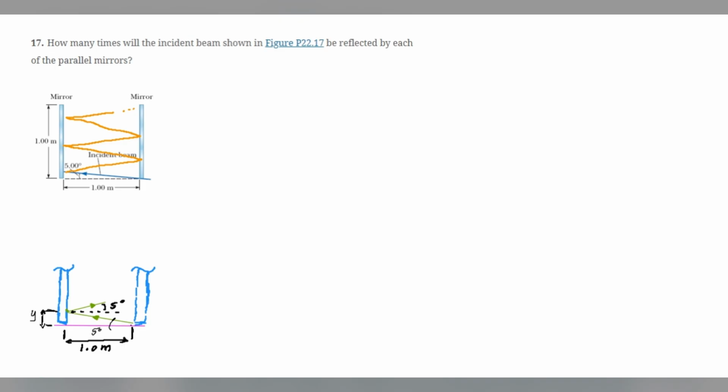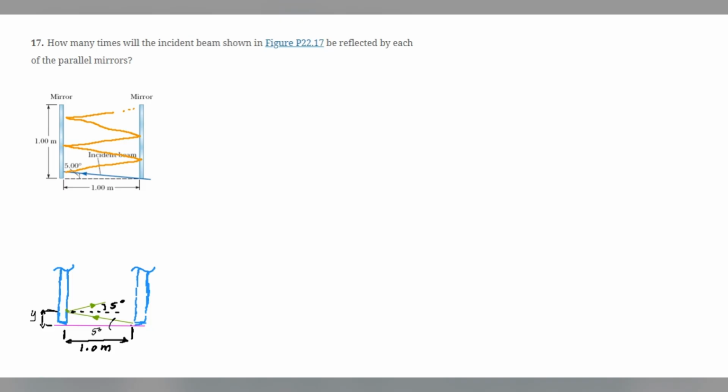If I know this angle is 5 degrees, I can find y because I know this side, which is the 1 meter distance between the mirrors. I basically have a triangle. I have the distance between the mirrors, which is 1 meter, and I have the angle, which is 5 degrees, so I can calculate y, the distance between the bottom of the mirror and the first point of incidence.